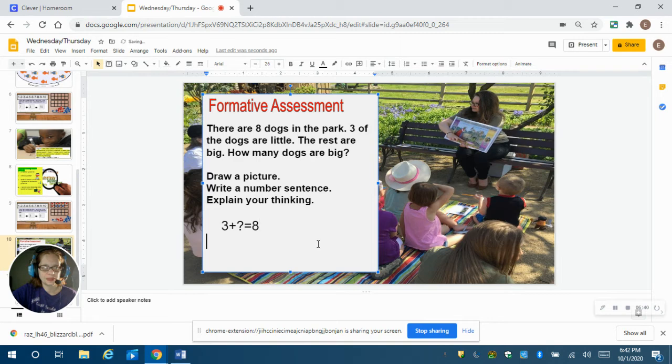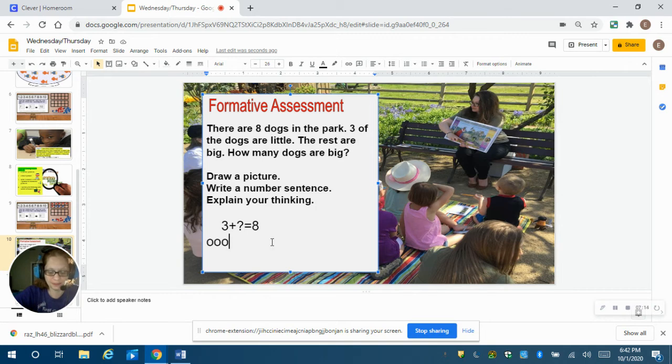Okay, I know that 3 of the dogs are little, so I usually write my circles or my little counters out on paper. Here, I'm just going to use a lowercase o. So I have here 1, 2, 3. 3 are little, but I need 8. Let me see, the rest are big. So let me count on until I get to the total, which is 8.